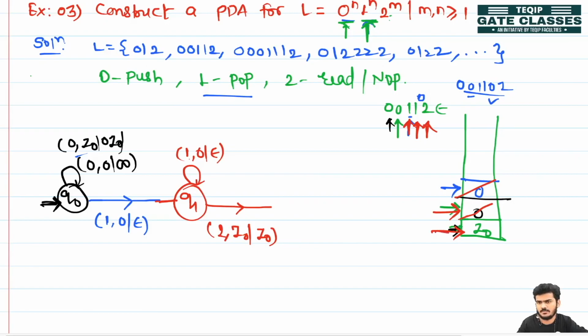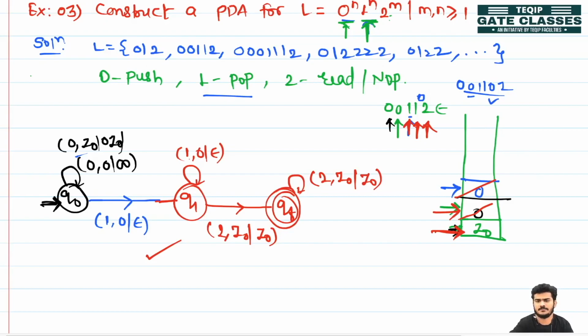I will keep it as Z0 and change the state. I will move to the QF state, the final state, and whenever 2 comes, I will keep Z0 and not write anything in the stack. So this is the PDA for the language 0 to the power n, 1 to the power n, 2 to the power n.